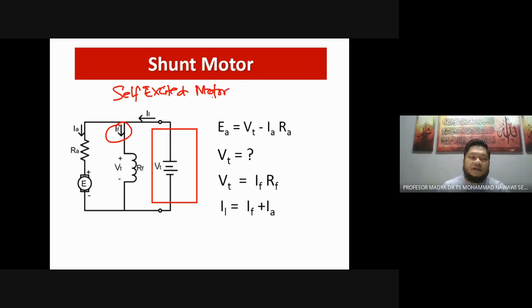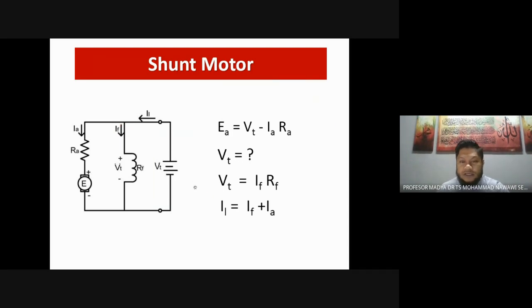This is actually a review. For a self-excited motor, you can have shunt connection, series connection, and also compound, which is the combination of shunt and series. It contains both, and you can also have short shunt, short compound, and long compound configuration. So what's the equation involved?